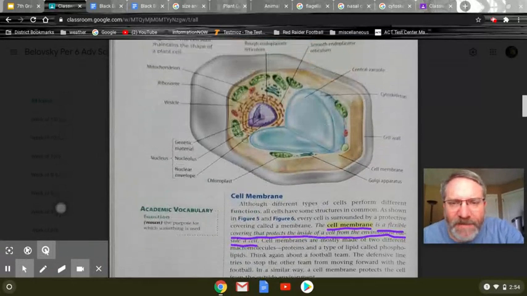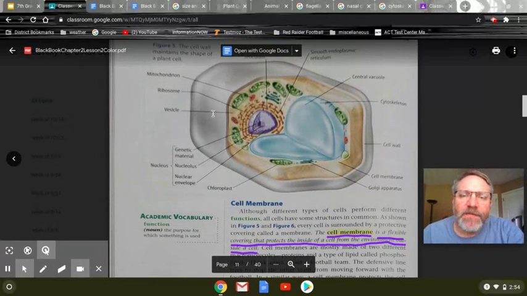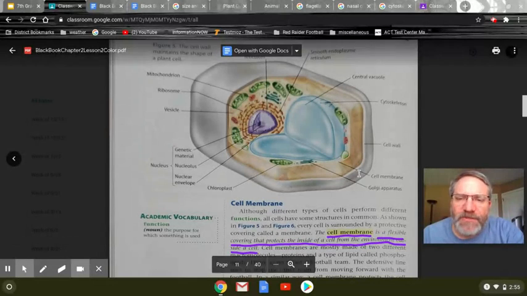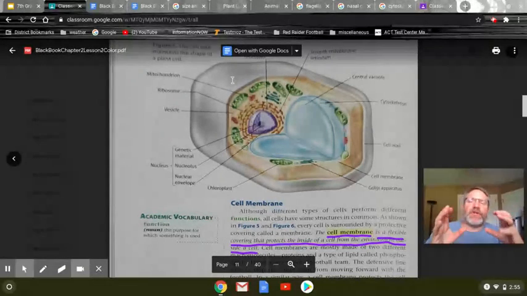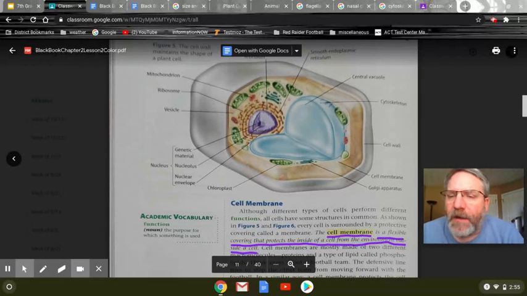So what is the cell wall? Well, I'm going to move back down here a little bit. The cell wall is what we talked about just a moment ago, this white area outside, and it's usually a little bit more stiff and rigid. What it does is it protects the cell from certain things trying to get in. For example, certain bacteria and viruses will be stopped by the cell wall.